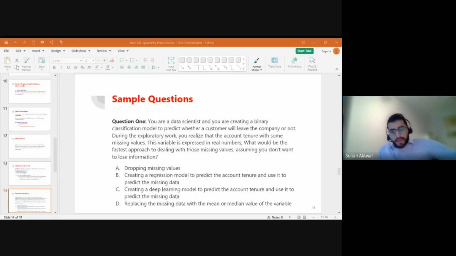So this takes us to the end of the content or the main topics of the exploratory data analysis section. I hope you find it useful, and now we will start tackling some of the questions which help us test the content that we just covered, and also give us a taste of the real exam questions related to the EDA section.